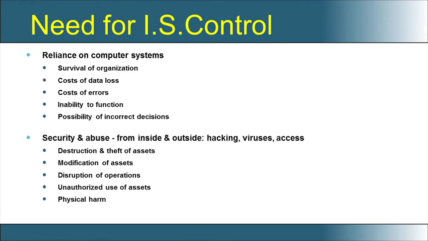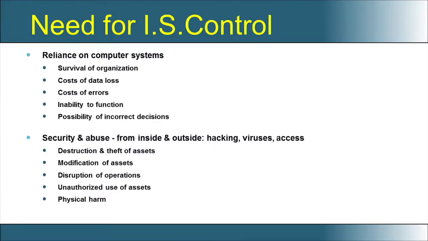For me to ensure confidentiality, integrity and availability, I need to put certain control mechanisms inside the system which will basically ensure this. Why do we need this control? This control becomes extremely important because we are using computers today for the survival of many organizations. If the computers don't exist, or if the computers are compromised, the organizations cannot survive.